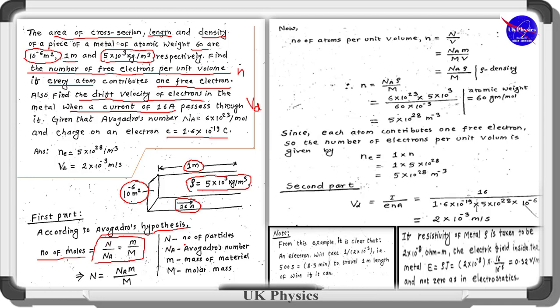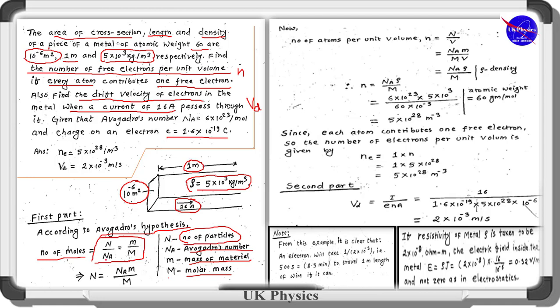N is the number of particles, in our case, that is atoms. And Na is the Avogadro's number, which is 6 into 10 to the power 23 per mole. Small m is the total mass of the material, and large capital M is the molar mass, right?